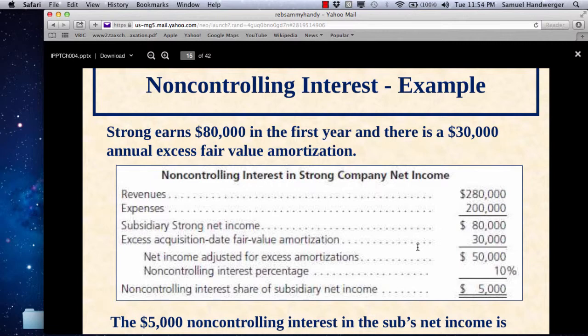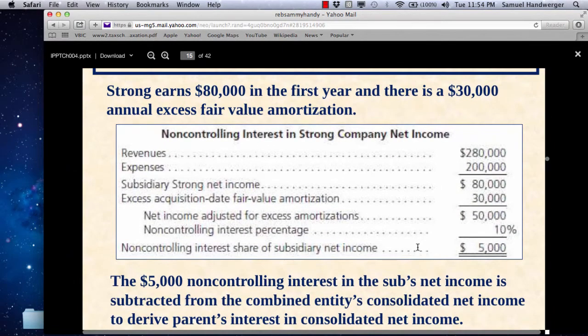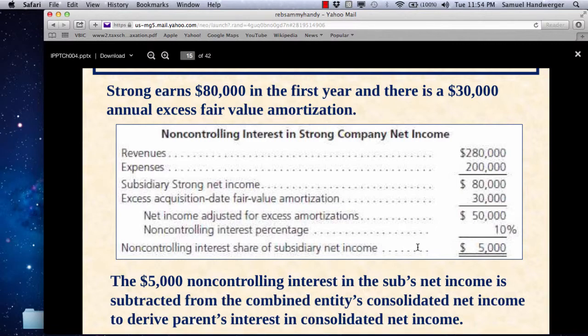Now, 10% of that number, the number as adjusted for the excess amortization, is $5,000. When we get to the consolidated financial statement, on the income statement, that will be shown as the non-controlling interest share of the subsidiary net income, or actually the non-controlling interest share of the consolidated net income.